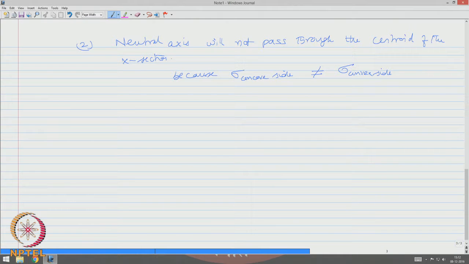So, let us now understand how to estimate these stresses in the intrados and extrados for a curved beam with large initial curvature.